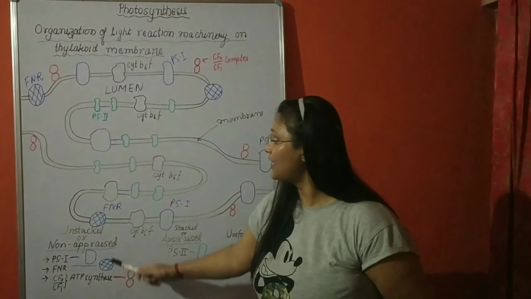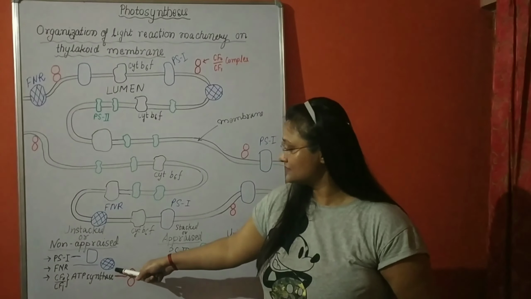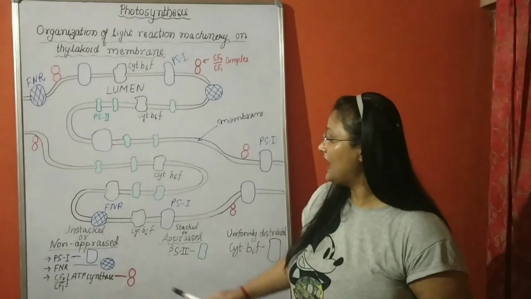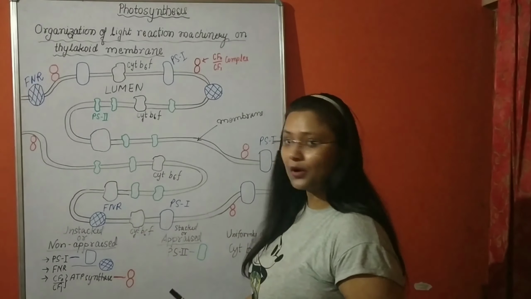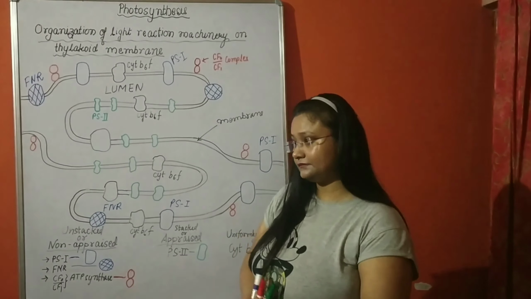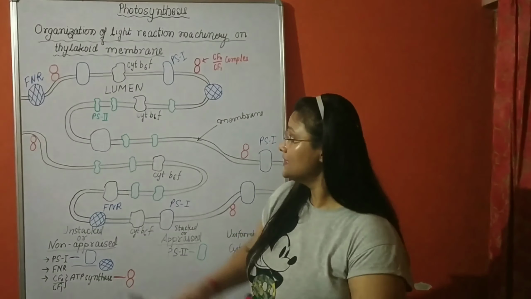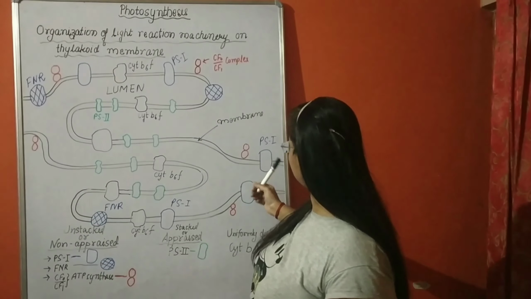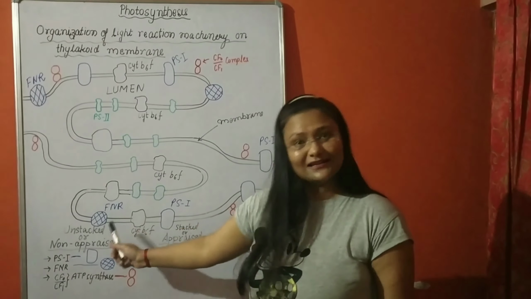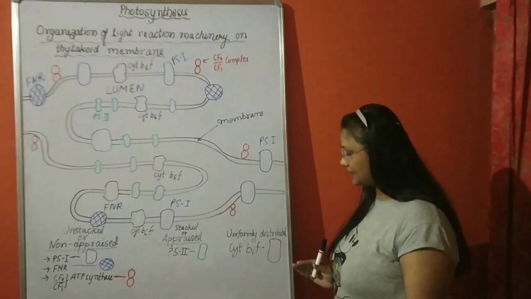In the same way, FNR, which is represented by this oval structure. FNR, ferredoxin NADP reductase, has a very important role in light reaction. So it is also present in the non-appressed or unstacked region of the thylakoid membrane.